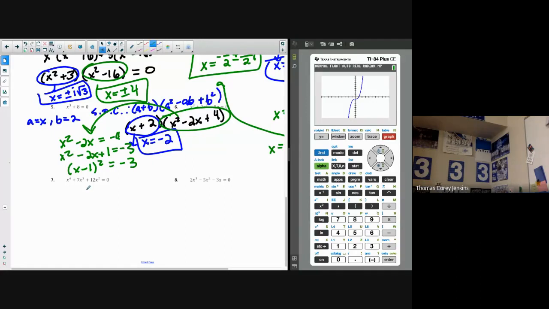Now we can take the square root, which gives x minus 1 equals plus or minus the square root of negative 3. Simplify that, you get square root of 3 times i. So my final answer would be x equals 1 plus or minus i square root of 3.